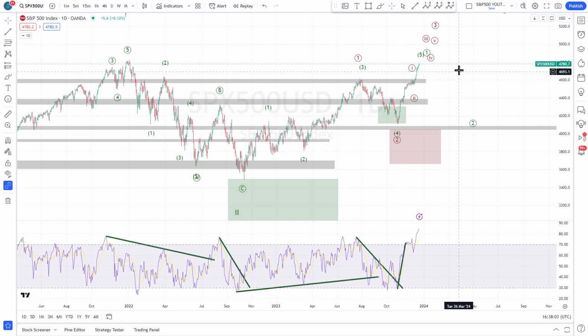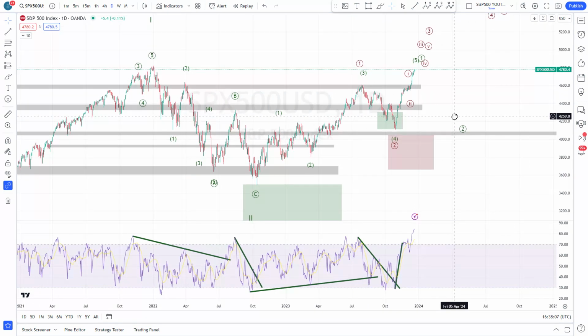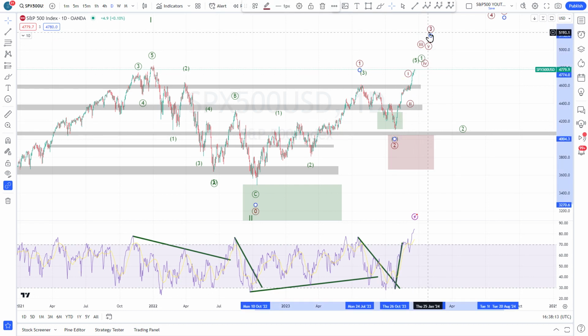And so that means we are either very bullish, meaning that we are working on the wave 3, that the wave 3 still has to come, or that it is some kind of a trap, let's say.